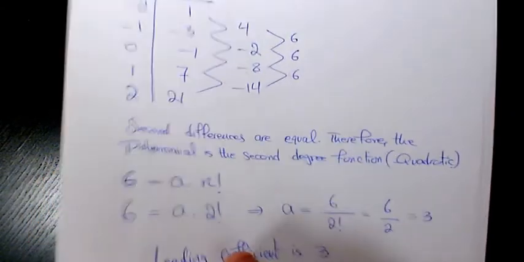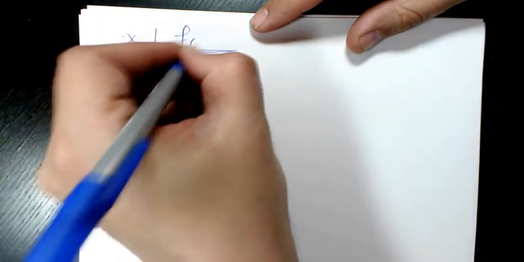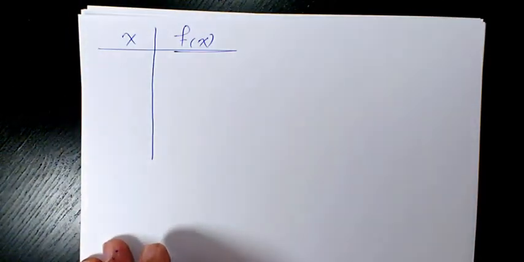Now let's take a look at the next example. So again, we're going to have a table of values, x and f of x, or y, basically.